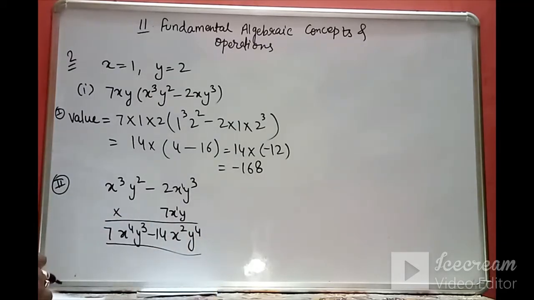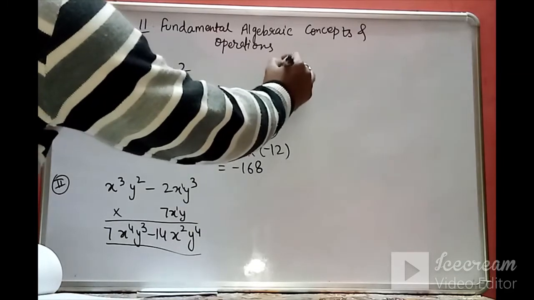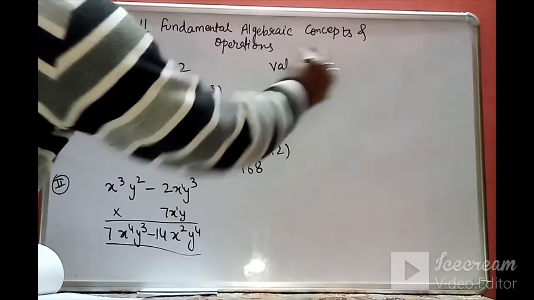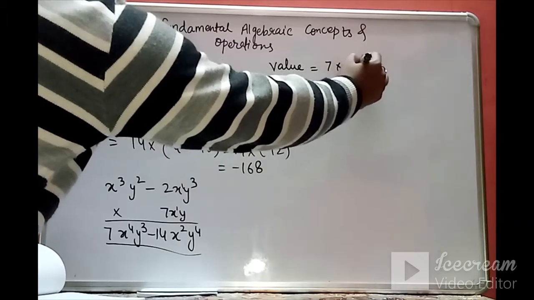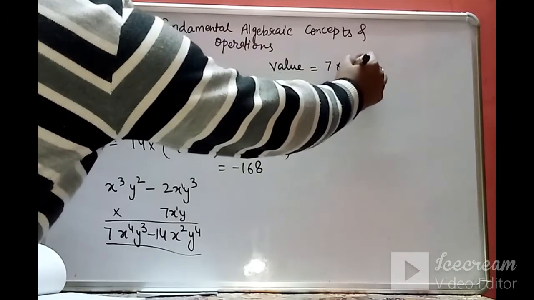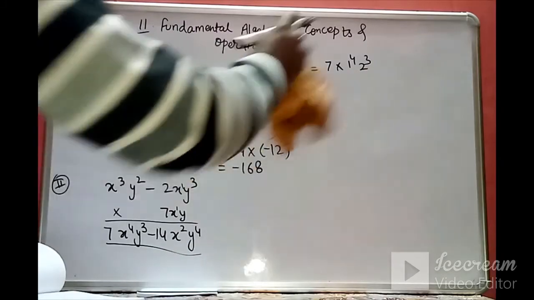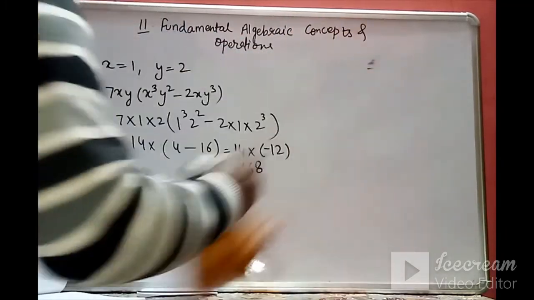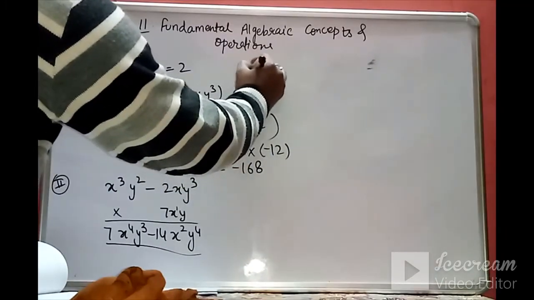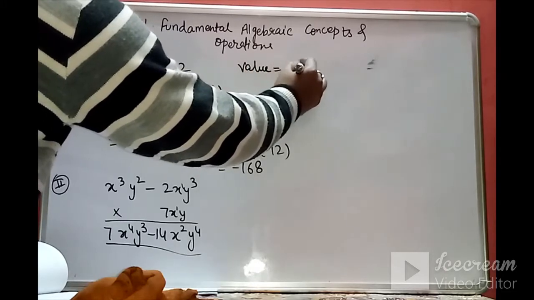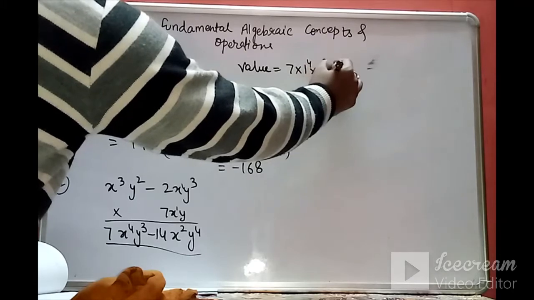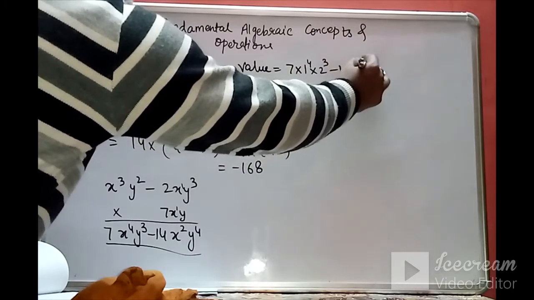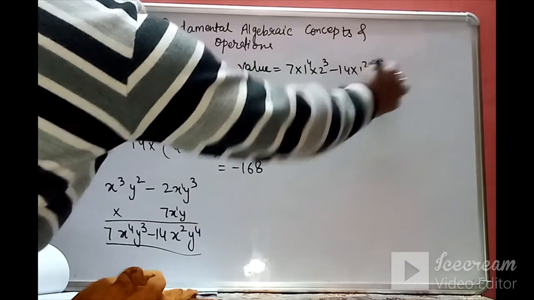Now we will find the value by putting the values here. So 7 into 1 to the power 4, 2 to the power 3, minus 14 into 1 square, 2 to the power 4.